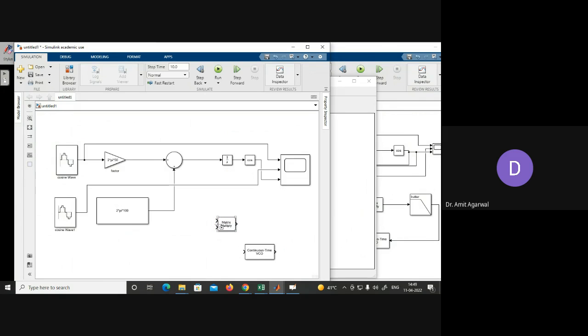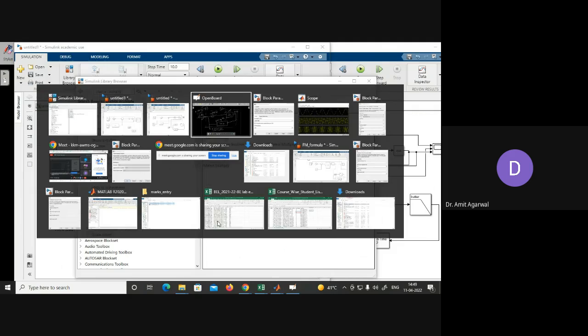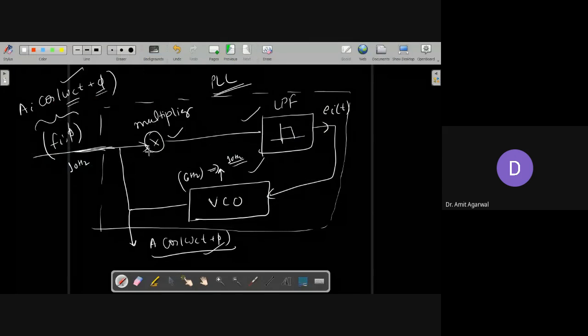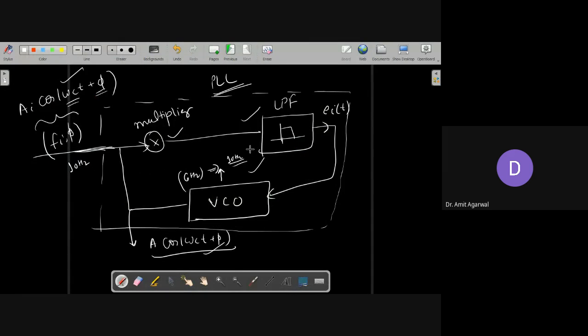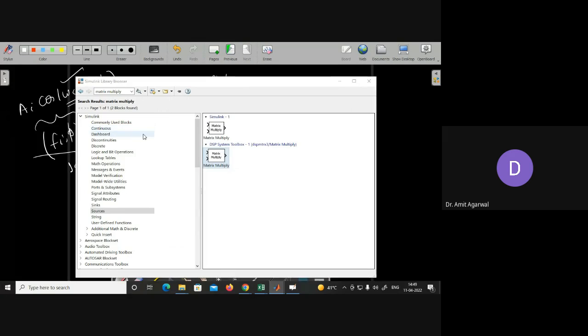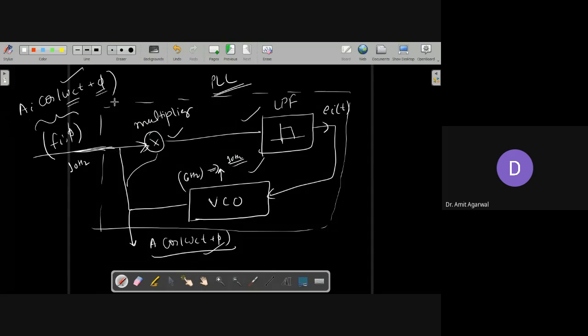तो बताओ यहाँ पर क्या दूं, what should be the input of this? देखो, कौन कौन से दो सिग्नल मल्टीप्लाई हो रहे हैं: VCO का आउटपुट और input, or the frequency modulated waveform which you want to capture, right? Because we want to extract the frequency of this modulated waveform, because information is embedded in the frequency.